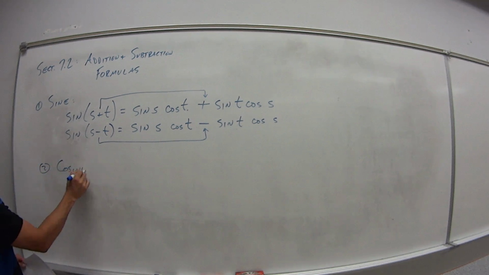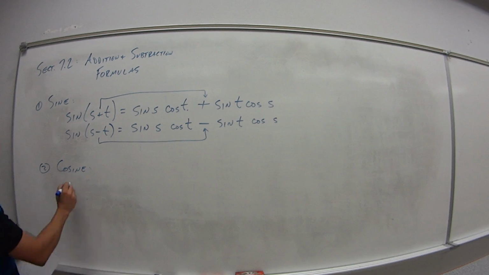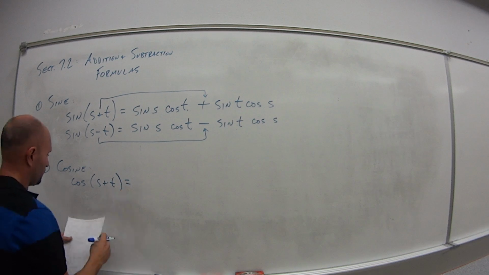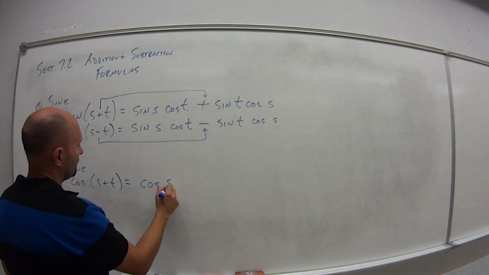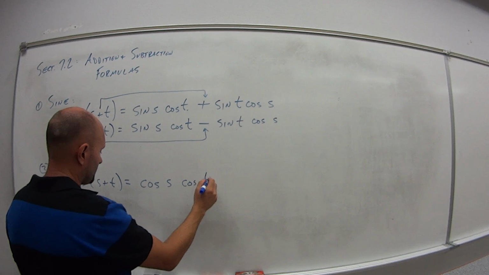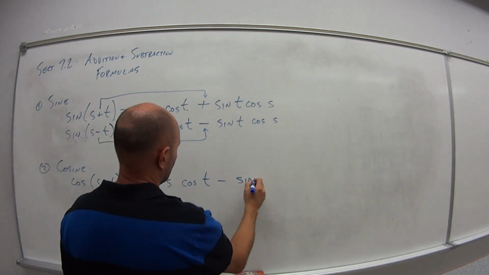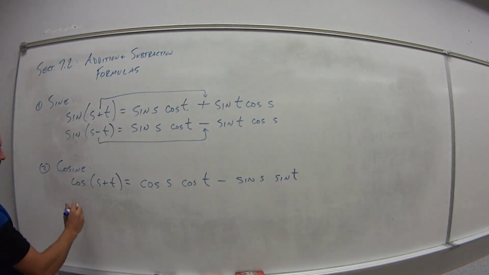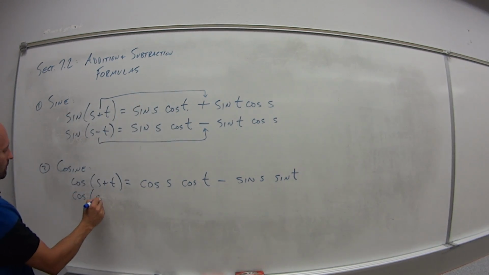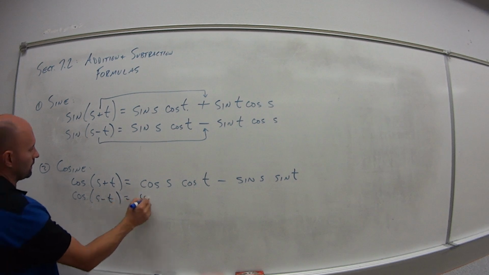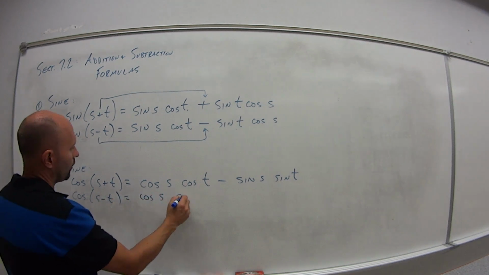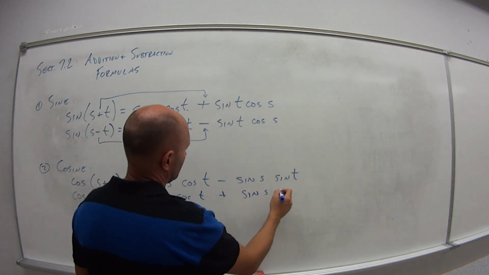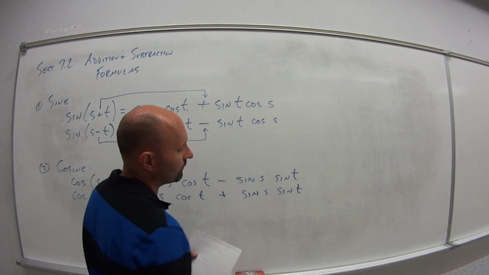For cosine, we have cosine of s plus t is equal to cosine of s cosine of t minus sine of s sine of t. And cosine of s minus t is cosine of s cosine of t plus sine of s sine of t.